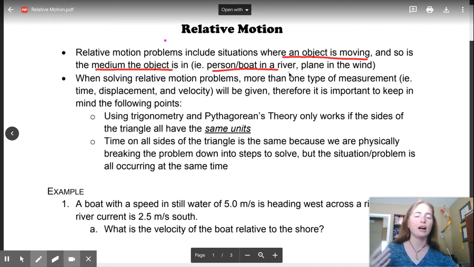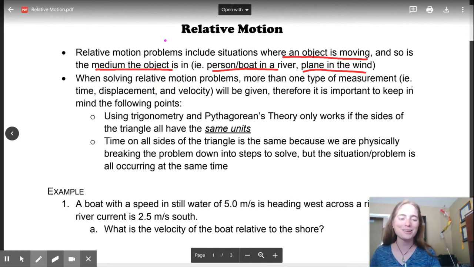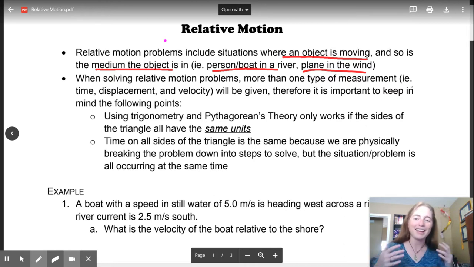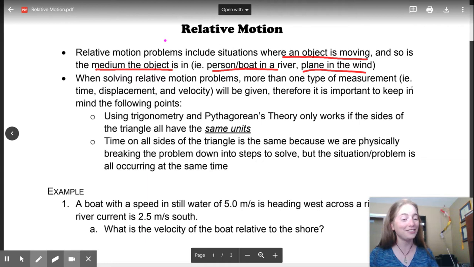Or like a boat in a river, a plane being blown around in the wind. And you can actually see this. It's pretty cool. When you watch airplanes taking off or landing in high winds, you'll notice that the airplane will be coming in sideways, landing like this, and then boom, it lands. It's really, really cool to watch. So yeah, it's definitely a very practical thing that gets used.